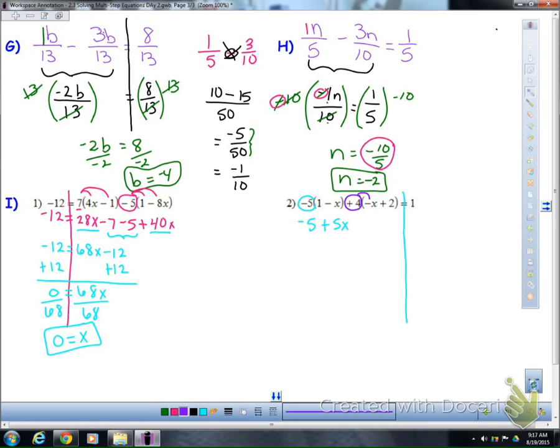Well, positive 4 times negative x is negative 4x, but then we have positive 4 times positive 2, so plus 8. Again, we have 2 sets of like terms to combine. We have 5x minus 4x, which is 1x, and then we have negative 5 plus 8, which is plus 3, equals 1. So this one is actually just a one step. Once we get it down to this point, all we have to do is subtract 3 from both sides. You get x equals negative 2.